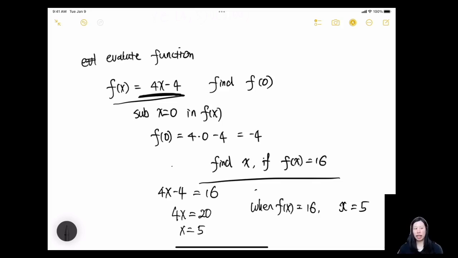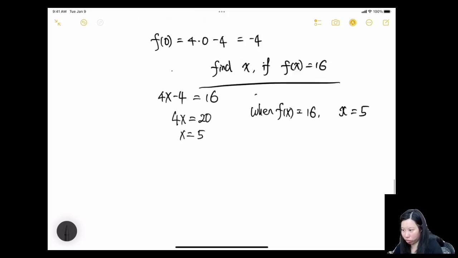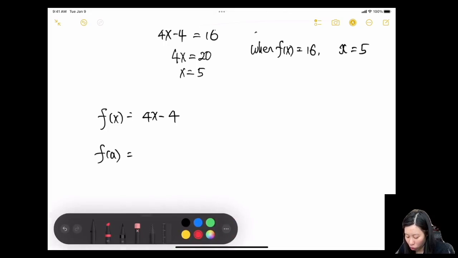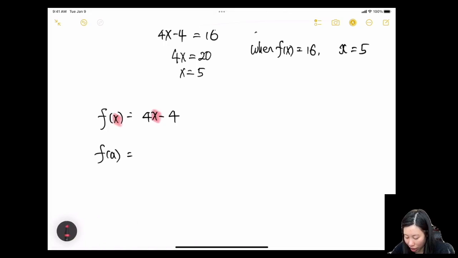Okay, another one is you substitute an expression into f(x), such as, again, let's use the same function. f(x) equals 4x minus 4, and now I want you to find f of a. That means you want to replace every x with a. So I have 4 times a minus 4.